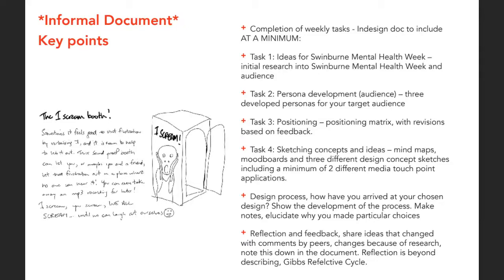And I've got a really great video as well. I made a spelling mistake there. Gibbs reflective cycle is a way of reflecting on your work, so that you're moving beyond the description of events that happened and into why you have taken forward certain parts.